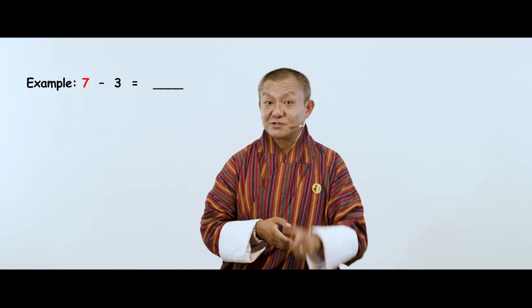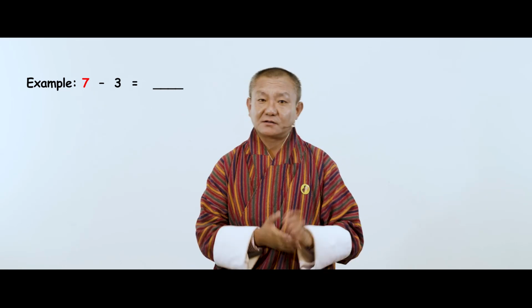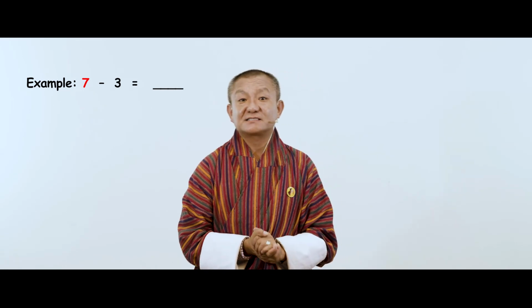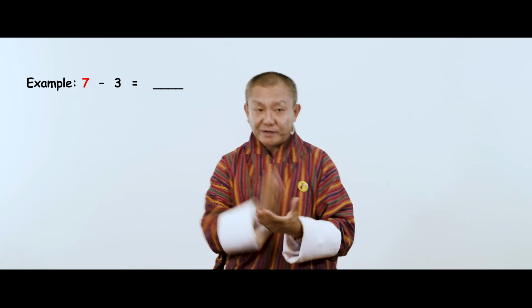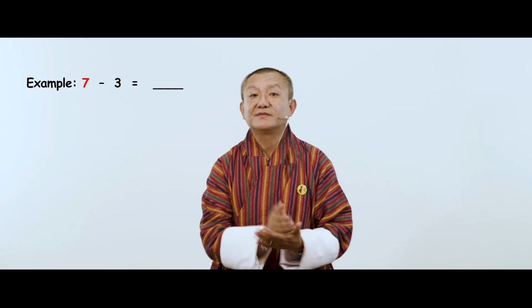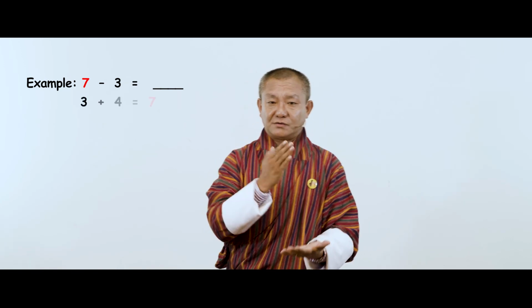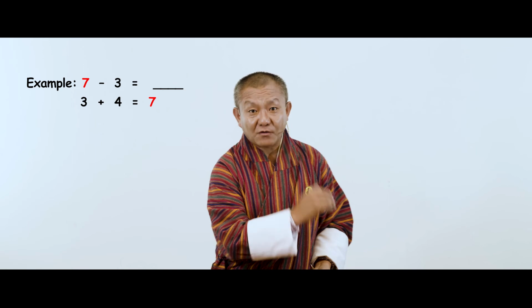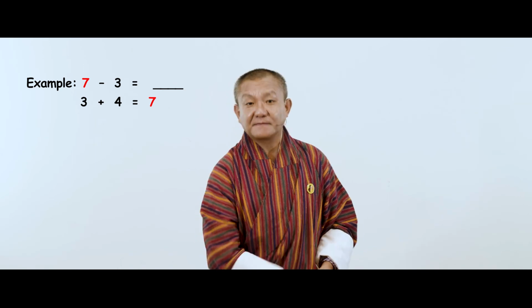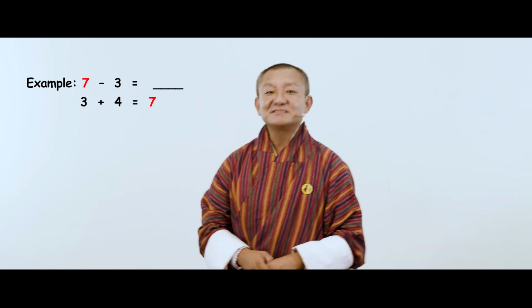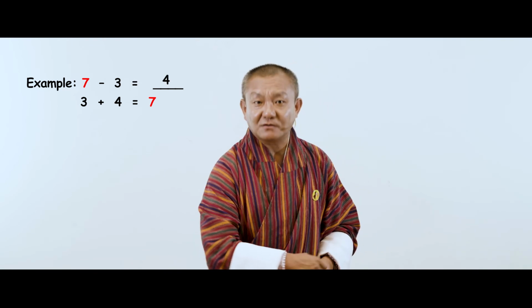Adding here means you need to add from the lower value. Here, 7 and 3, 3 has the lower value. So from 3, you keep on adding some numbers till you reach 7. So 3 plus 4 will give you 7, right? That means 7 take away 3 is 4.